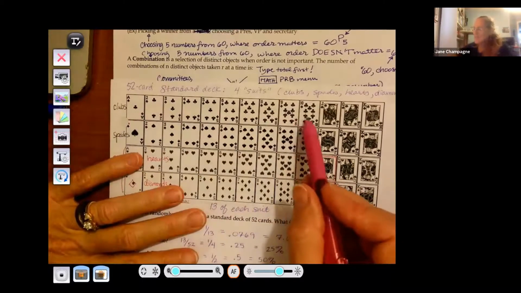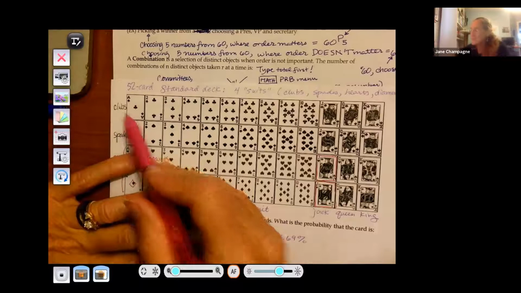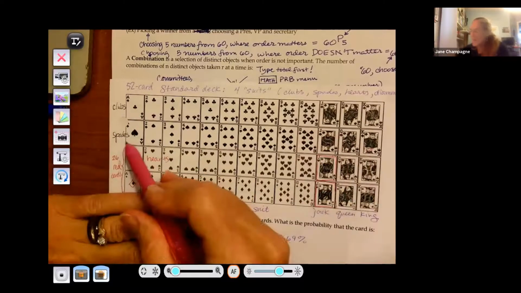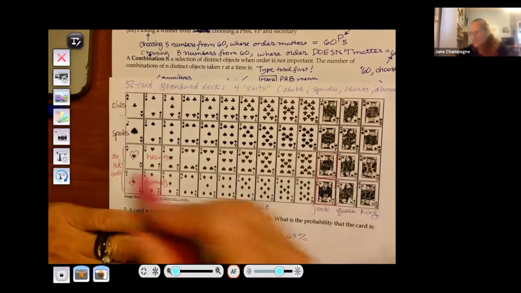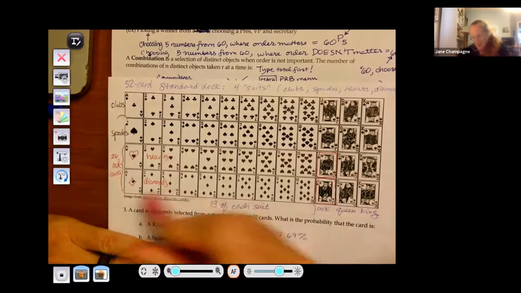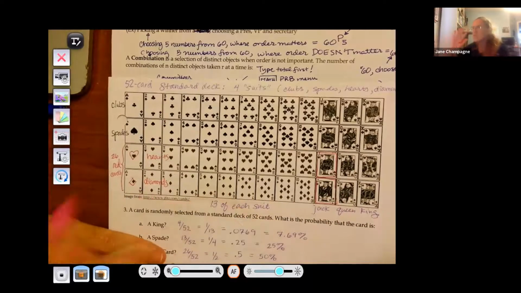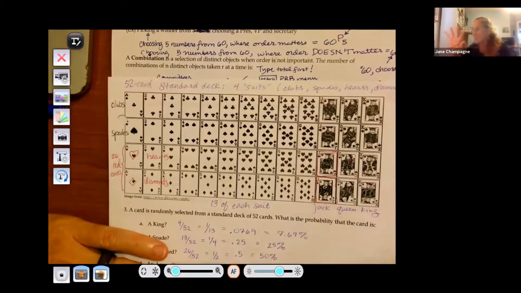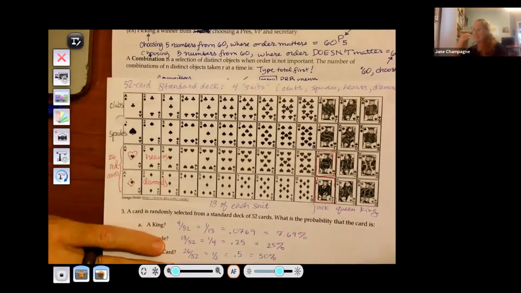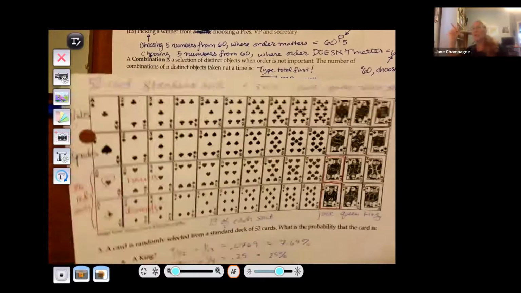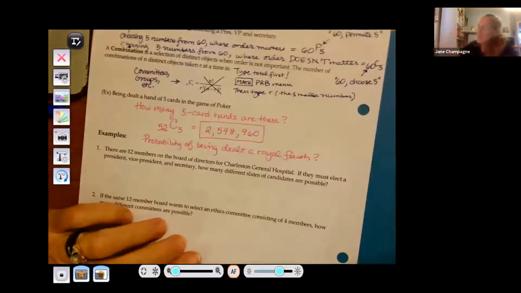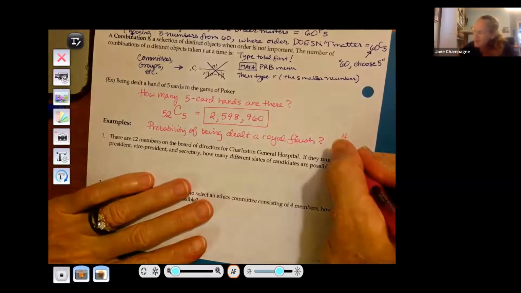So 10, jack, queen, king, ace, all of clubs, all of spades, all of hearts, or all of diamonds. So there's only 4 of them, one for each suit. So the probability of actually being dealt one of those 4 hands is 4 out of 2,598,960.